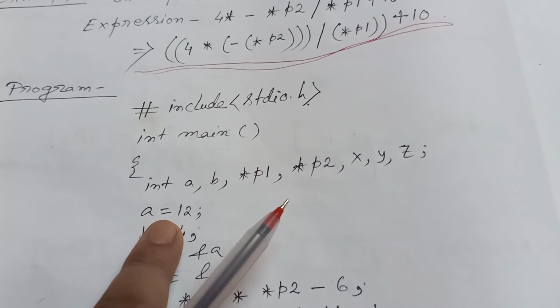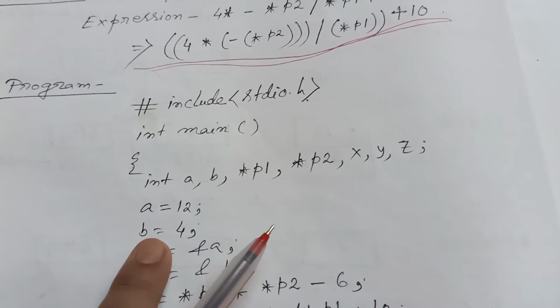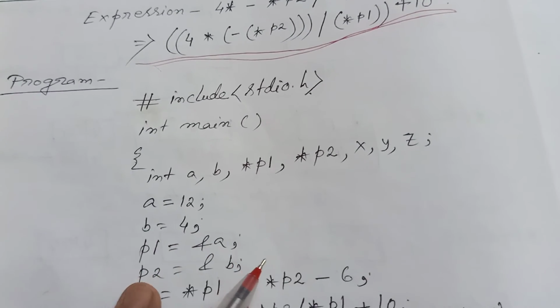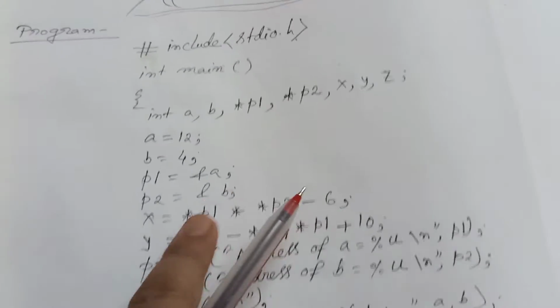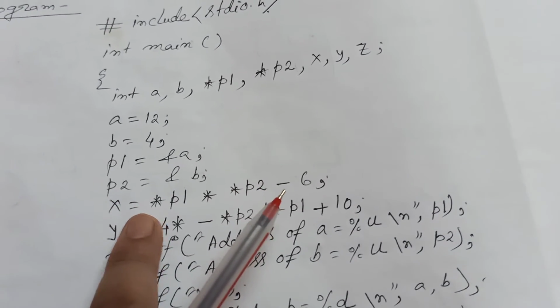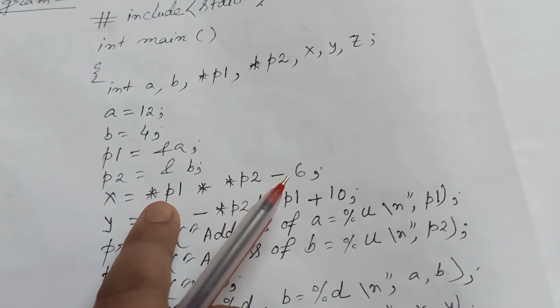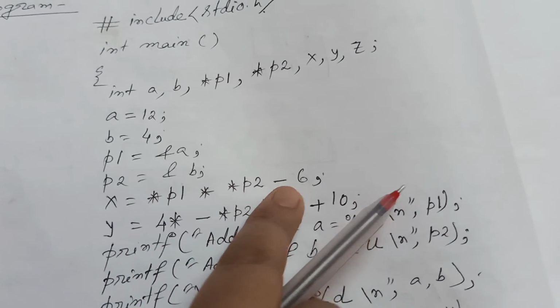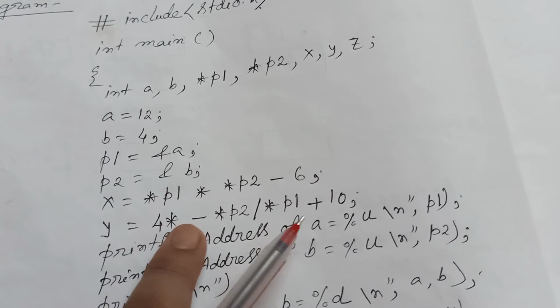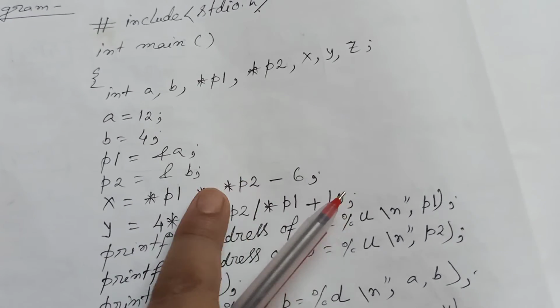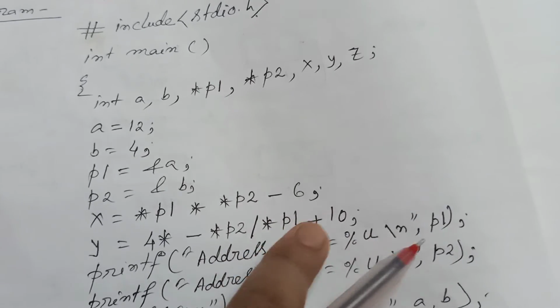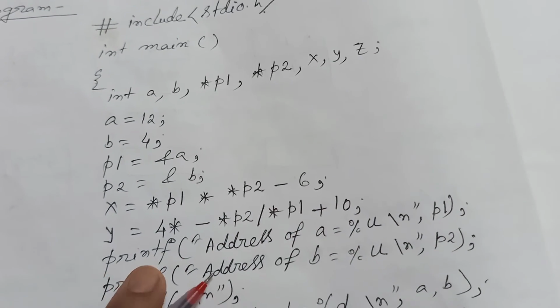Now a is assigned 12, b is assigned 4, p1 equal to &a, p2 equal to &b. Now we are doing the calculation. X equal to *p1 into *p2 minus 6, y equal to 4 into minus of *p2 divided by *p1 plus 10.